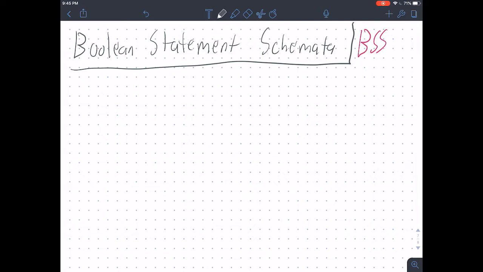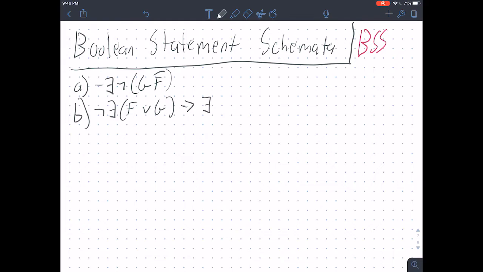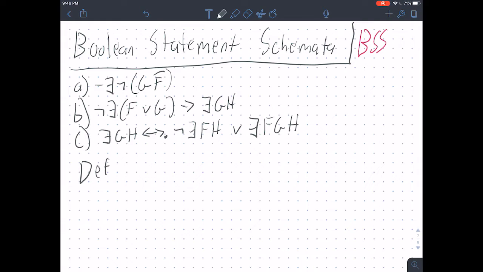So I'm just going to give you a few examples before I give you the definition. And again, these are from the book.